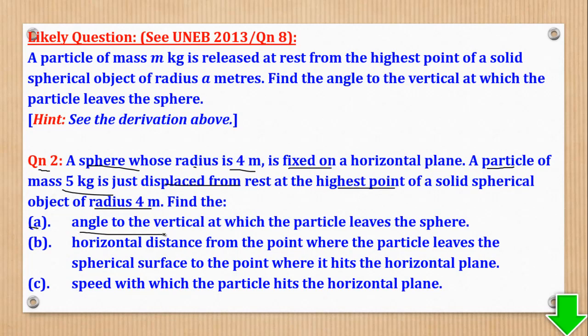Find part A, the angle to the vertical at which the particle leaves the sphere. Part B, the horizontal distance from the point where the particle leaves the hemispherical surface to the point where it hits the horizontal plane. Part C, the speed with which the particle hits the horizontal plane.